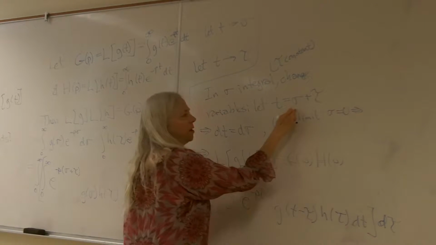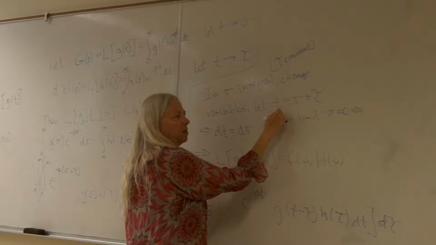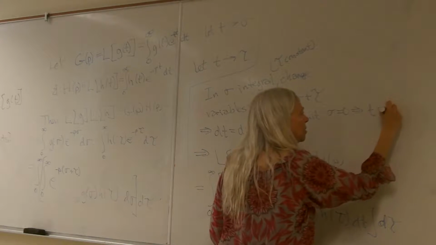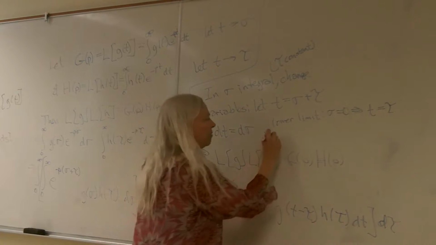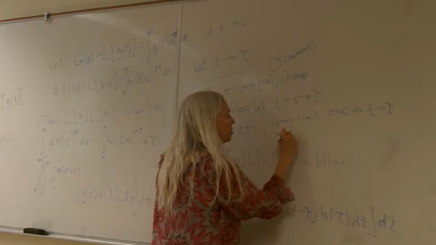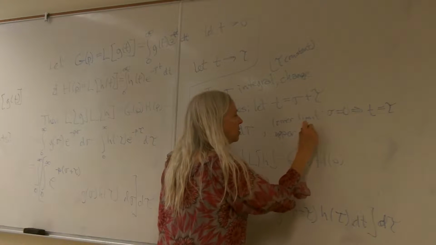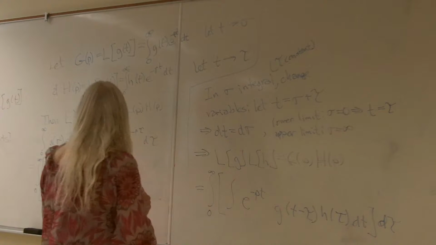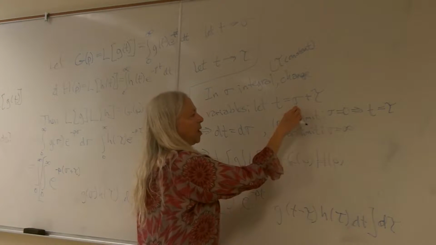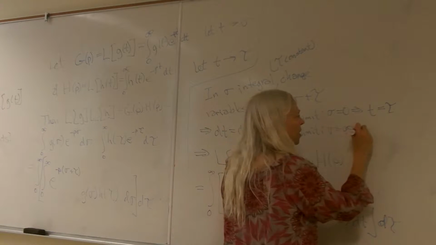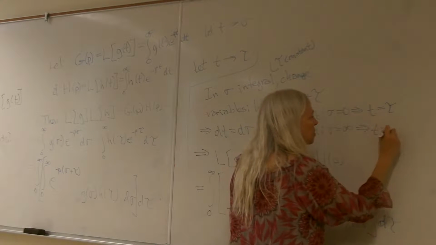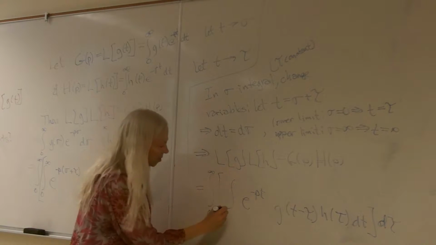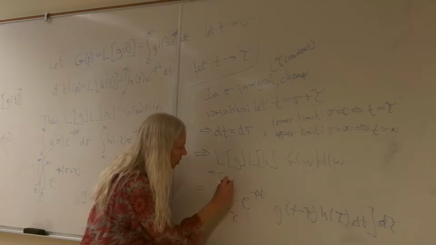And when sigma equals 0, we can see from this relationship here that t will be equal to tau. And for the upper limit, sigma was equal to infinity. And when sigma is infinite, of course, t is infinite also. Okay, so our new limits on this first integral here will be from tau to infinity.